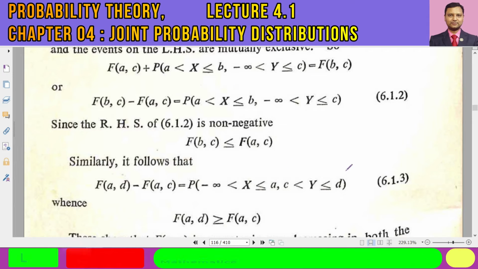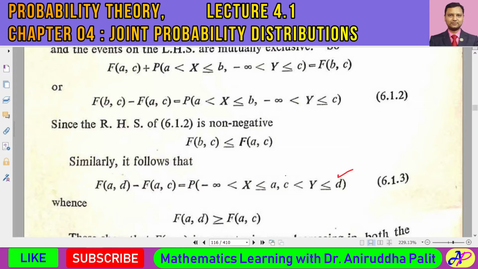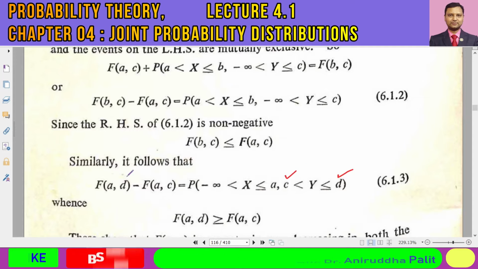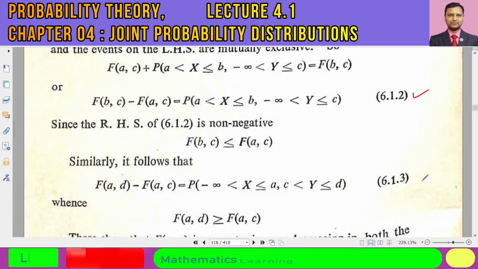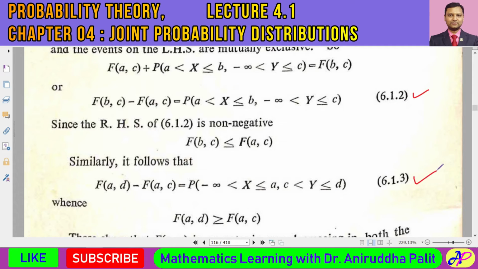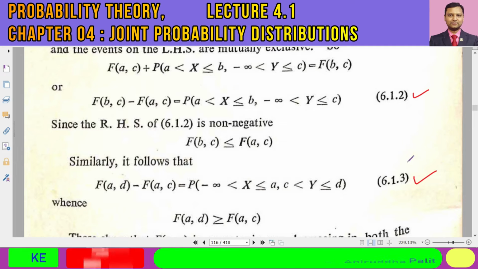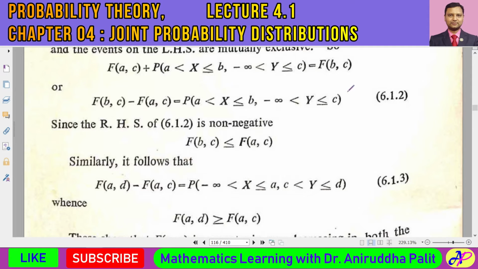The larger quantity is D and the smaller quantity is C with respect to Y. That's why in the Y coordinate we get f of A comma D minus f of A comma C. So these are the two results that you need to remember in order to proceed further.